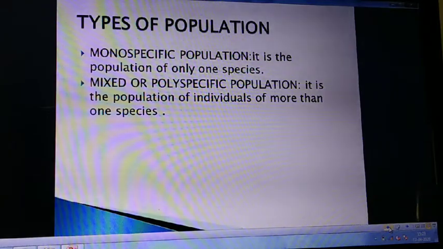It is of two types, monospecific, that is if we study only the individuals of a single species, then it is monospecific. If we study the population of individuals of more than one species, then it is known as mixed or polyspecific population.